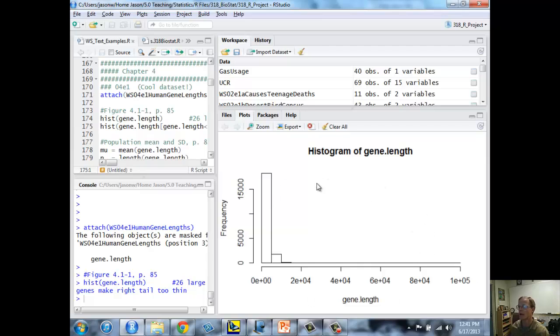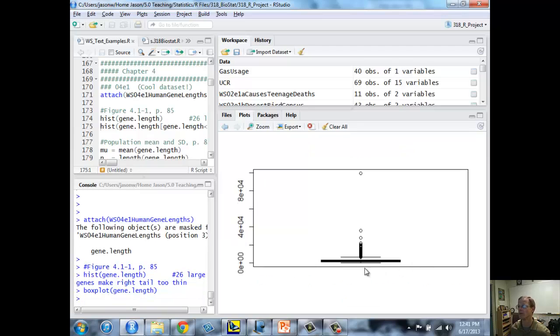If we just look at the raw histogram, you'll notice it's terrible, and that's because there's some outlying data points. We could look at a box plot of this, box plot gene.length, and you'll see the box plot's not very informative because this particular one is so far out. You'll notice there's a lot of outliers.